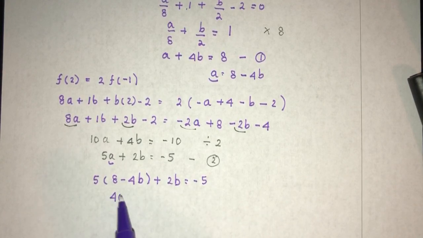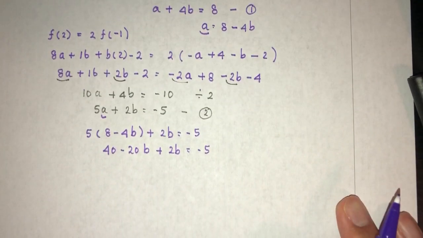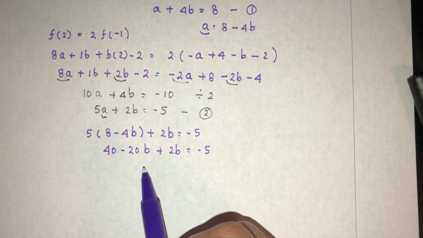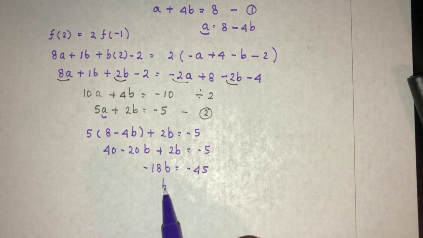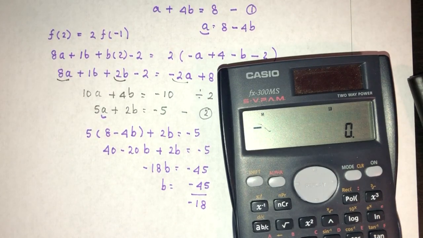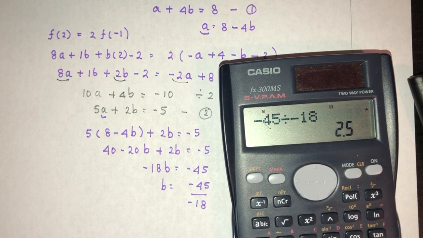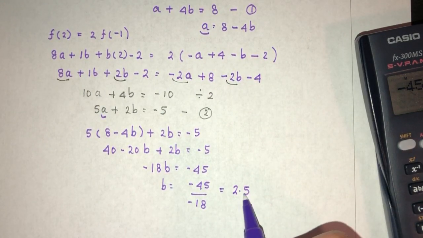That will be 40 minus 20b plus 2b equal to minus 5. Now you will have minus 18b equals minus 45. So b will be minus 45 divided by minus 18. That will be 2.5. Your answer is 2.5 for the value of b.